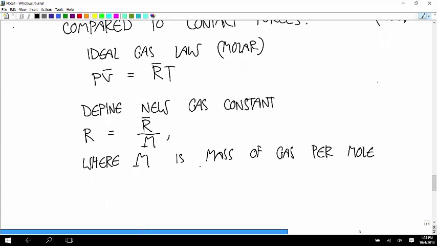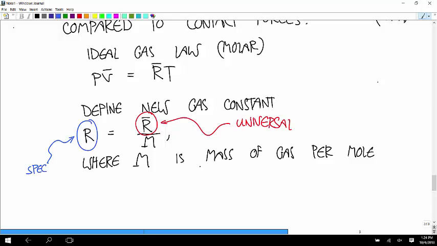Okay, so what I want you to notice here is this, R bar, the one we're not going to end up using, is universal. That's the incredible thing. The one we are going to use is specific to the gas that you're using.